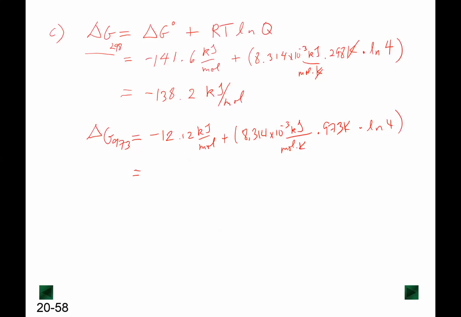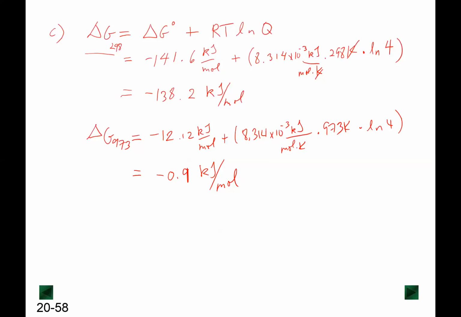We carry out this calculation, we get a negative 0.9 kilojoules per mole. Now, what we would see is basically that the actual free energy change at 973 is quite a bit smaller, so we are very close to equilibrium.